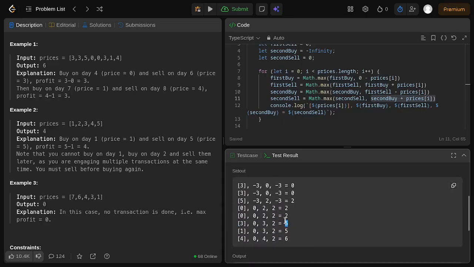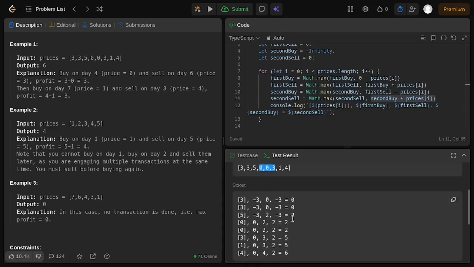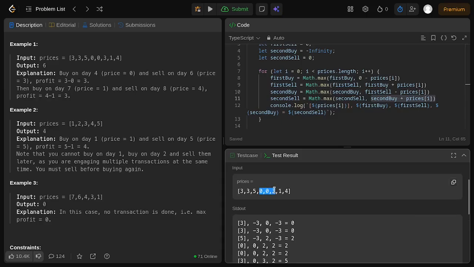Why we got the +5 right here is because it is going to be tracked from day 2 and day 3, and the second possible prices, which is either the 0 with 3 or the 0 with 3 right here, which is 3, and 2 with the 3 we got the value of 5.